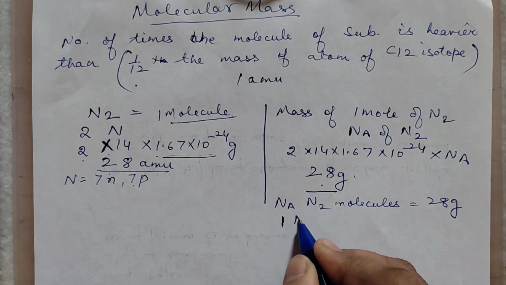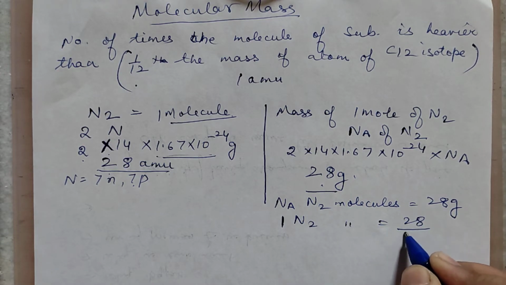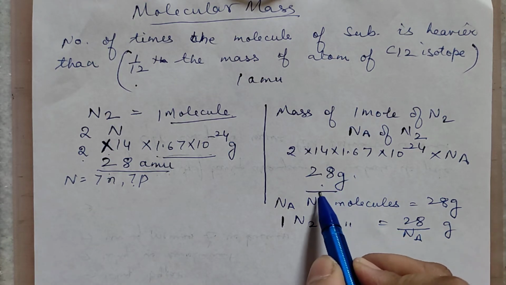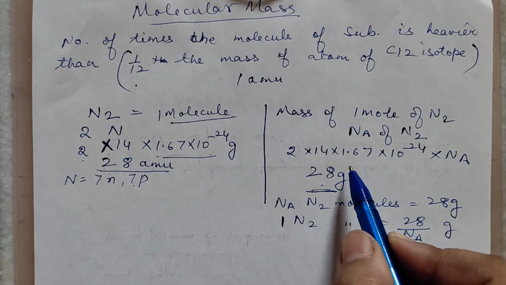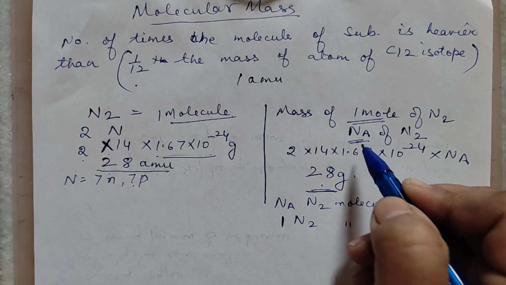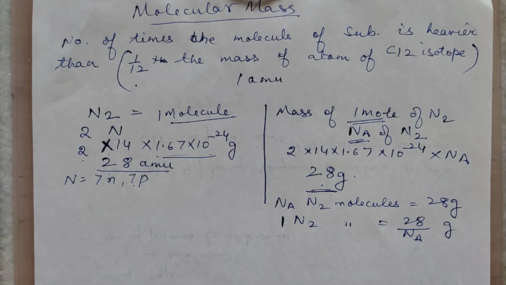So one nitrogen molecule will weigh 28 divided by Na, this much gram you will write. Is this point clear? Do not get confused that this 28 gram is the mass of one molecule. No, it is the mass of Na molecules, Avogadro number of nitrogen molecules. So for one, we have calculated here.